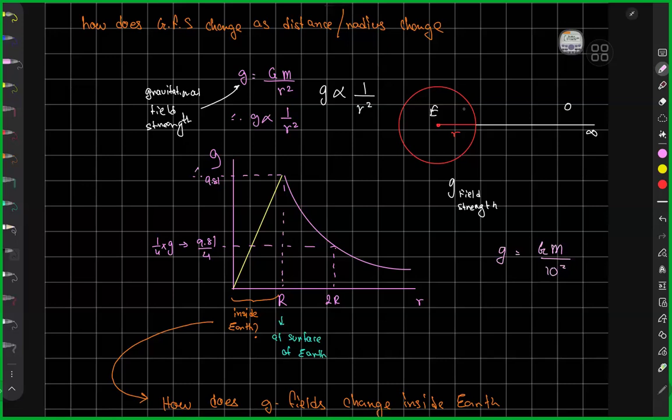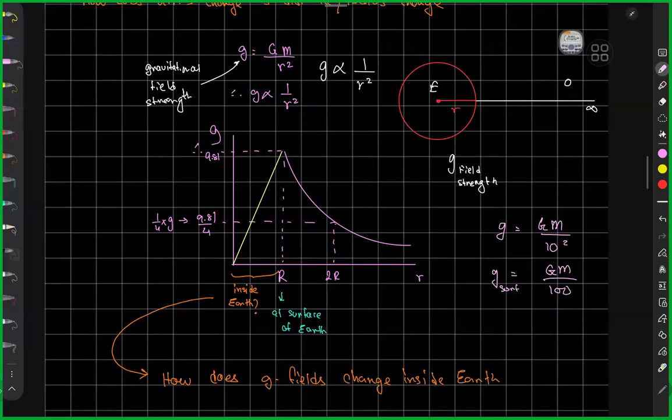Okay, so I'm saying this is 10 kilometers. Agreed? Note that down and let's do a bunch of calculation. If that is the case, then I can say g at the surface is going to be GM/100. Agreed? Great.